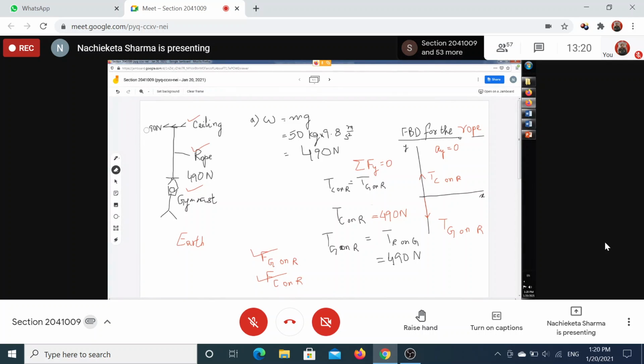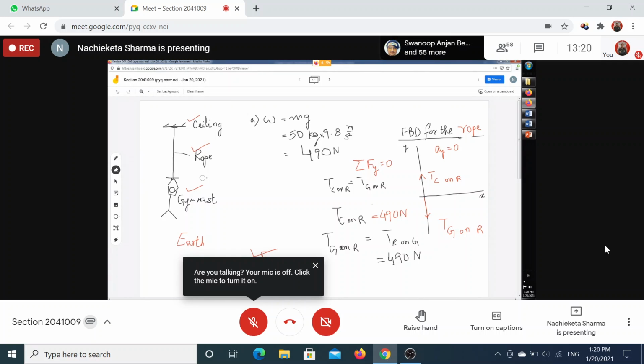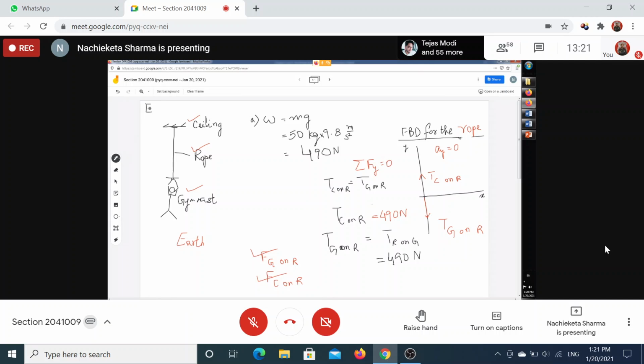Will it be the same 490 Newton throughout the length of the rope, or will it be different at different points? That we have to find out. Is it clear to you? Now in example 5.2, I will be working by taking a rope which has 120 Newton weight.